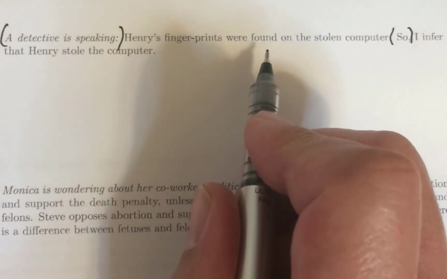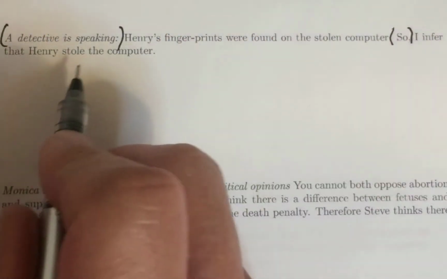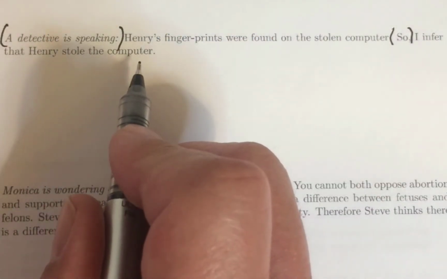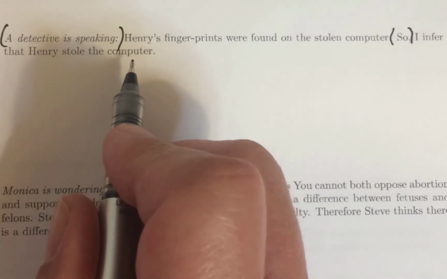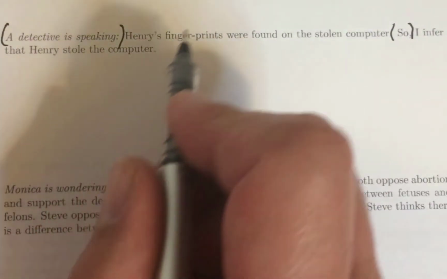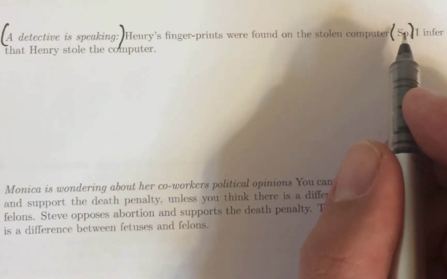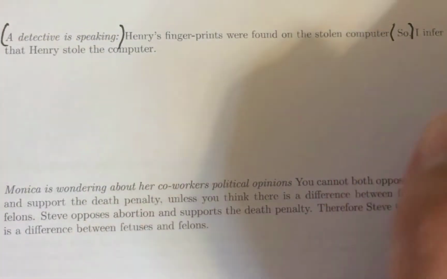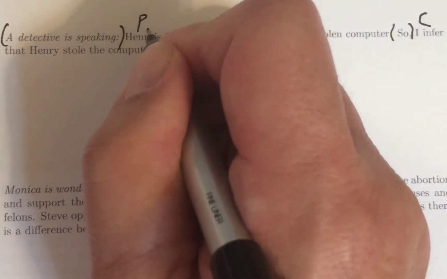Henry's fingerprints were on the stolen computer, and there's a word so, and then it says, I infer that Henry stole the computer. What that means is one of these statements is going to be a premise, and one of them is going to be the conclusion. The indicator word here, so, says that what comes after is the conclusion, and therefore what comes first is the premise.